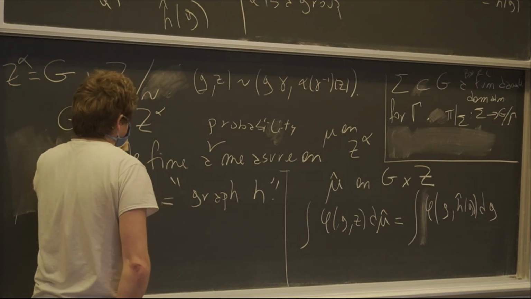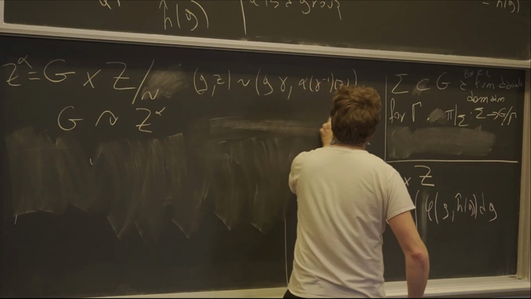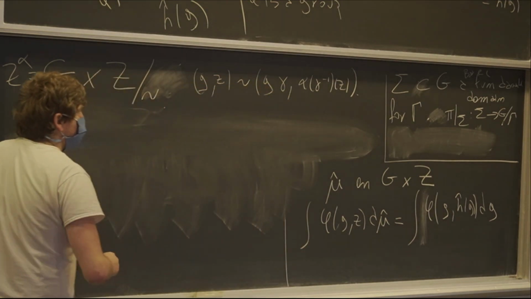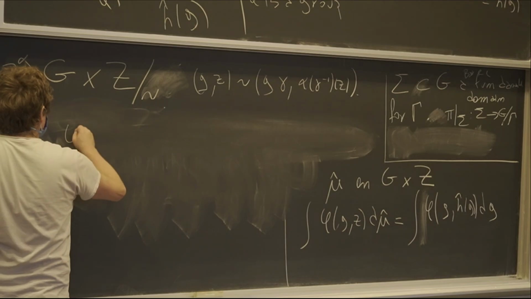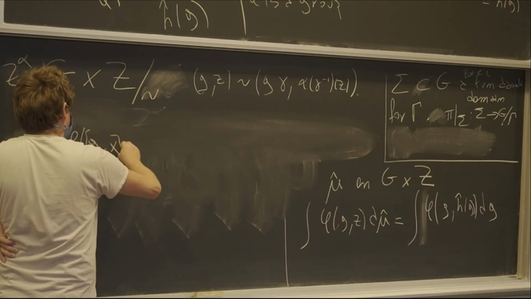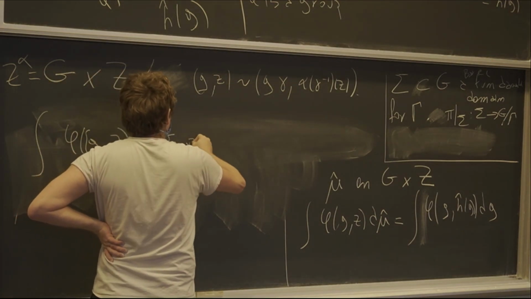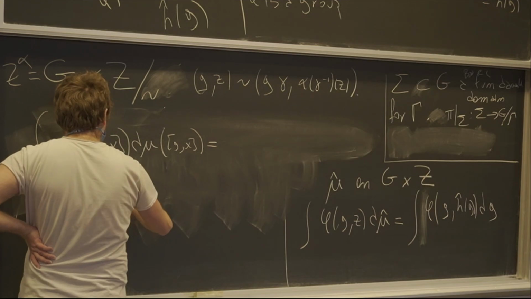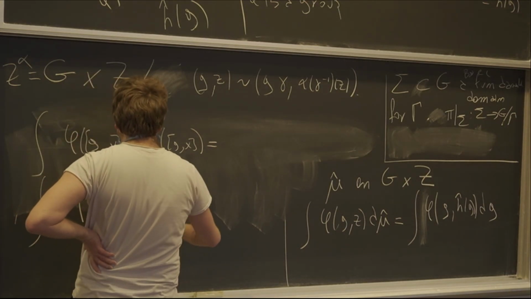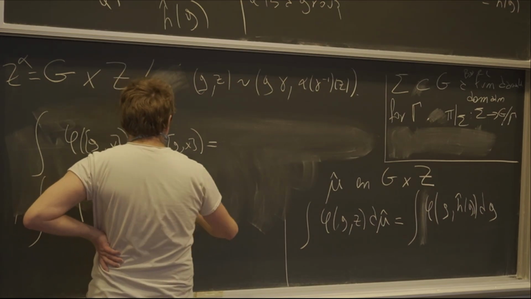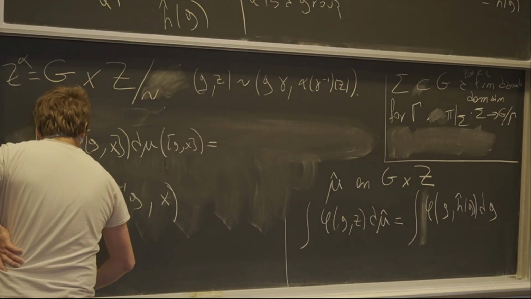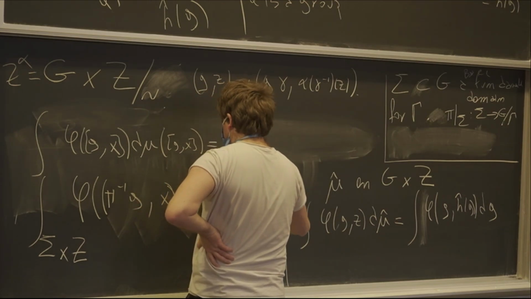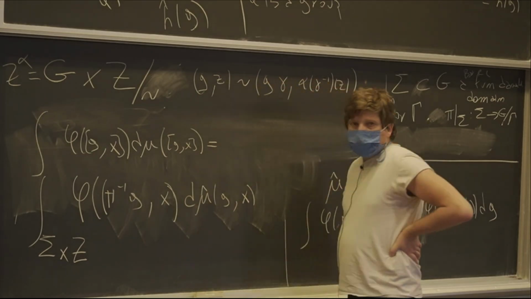So the integral of phi of (gx) d mu of (gx) is by definition this integral of phi of (pi^{-1}(g), x) on sigma times Z, d mu hat of (gx).